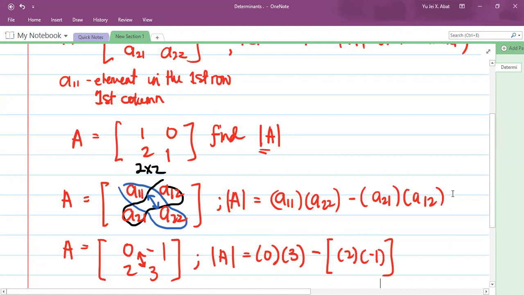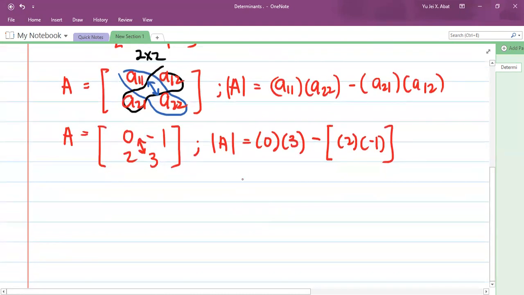Solving that, this becomes 0 minus negative 2, because negative 1 times 2 is negative 2. So that is 2.